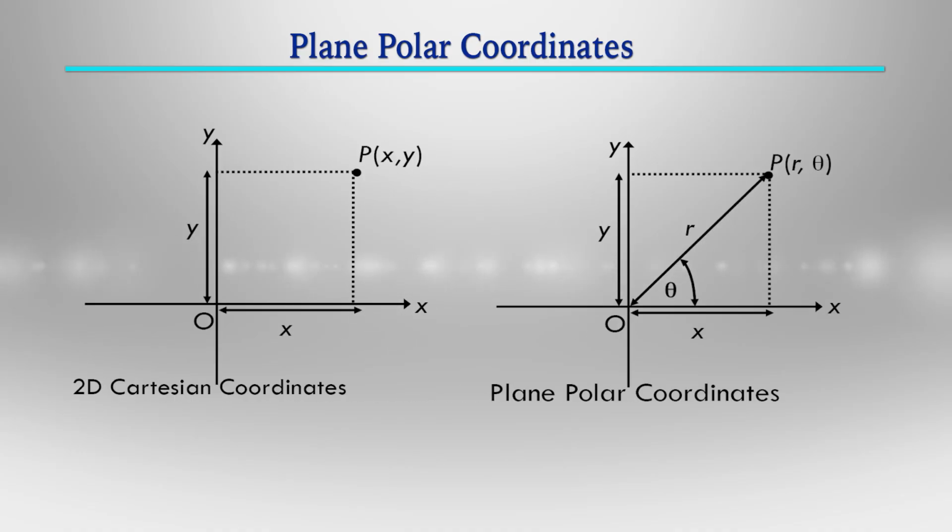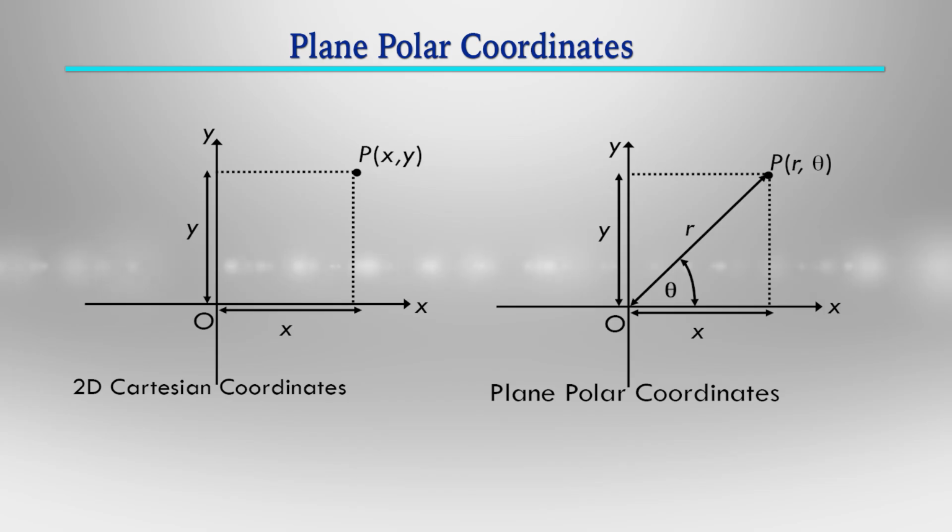You are familiar with this from your school days. You have the x and y axes at right angles to each other, and you locate a point in the plane. Remember, this is the xy plane. You locate the point P. Its position is located by two coordinates x and y, which are shown in the figure.